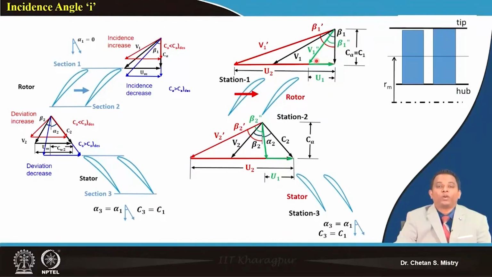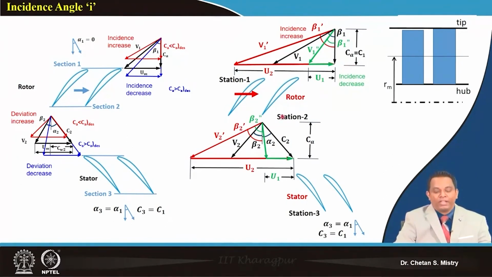In line with what we have understood, if you look at my mass flow rate, it is constant. So in this configuration we have an increase of my incidence angle when I increase my peripheral speed. In the same way, here my incidence angle is decreasing.